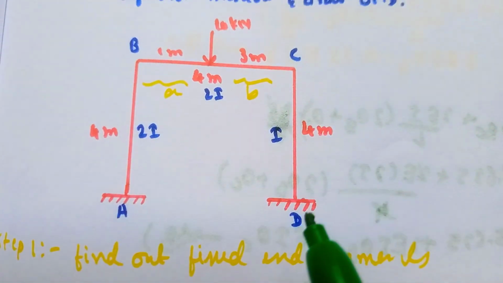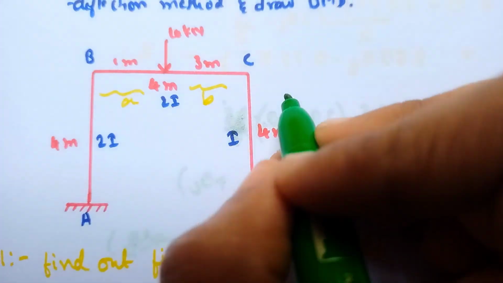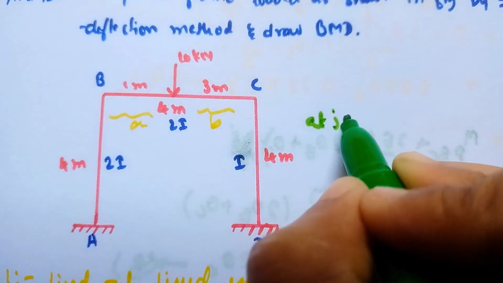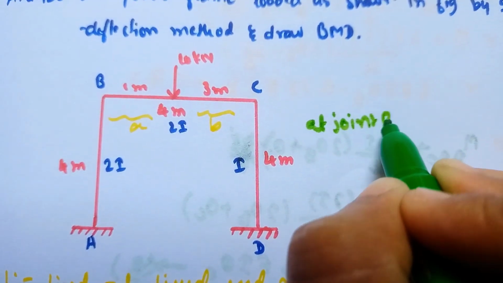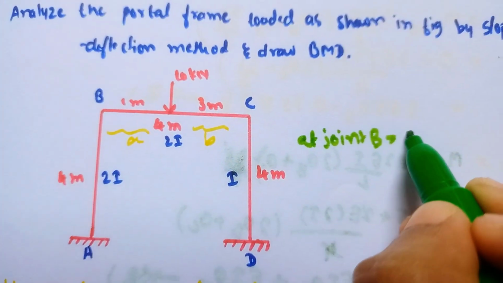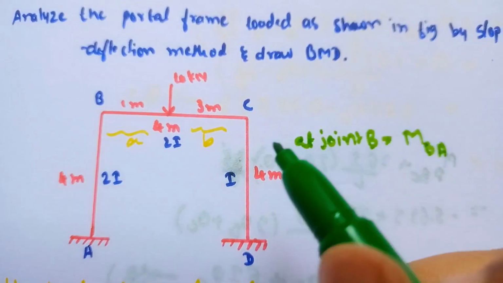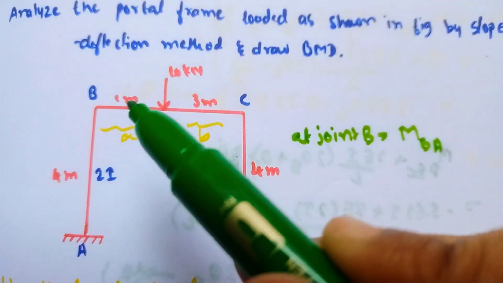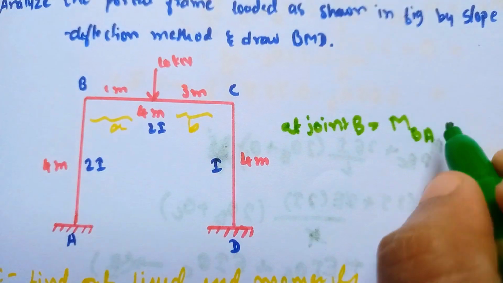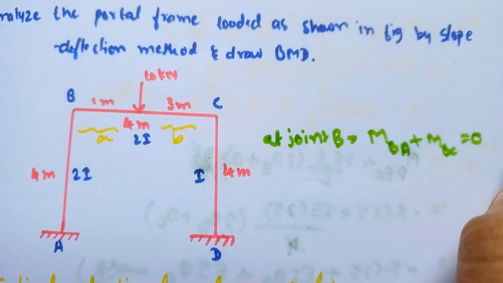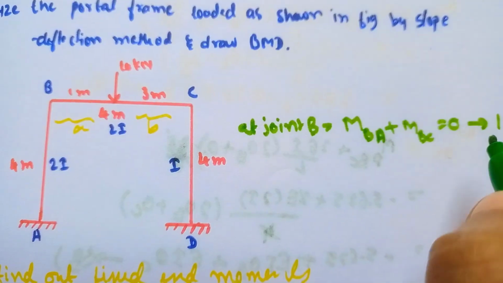Now we will see one by one. At joint B we have the equilibrium condition MBA plus MBC is equal to 0. Call it condition number 1.